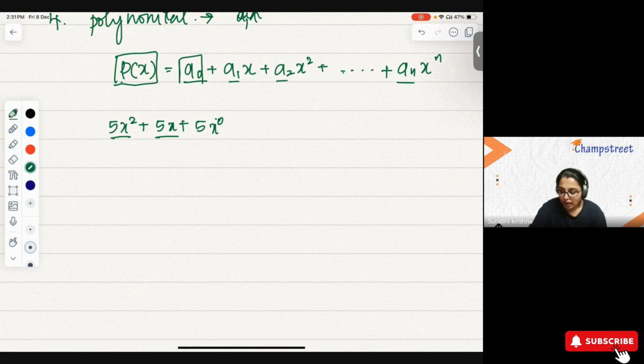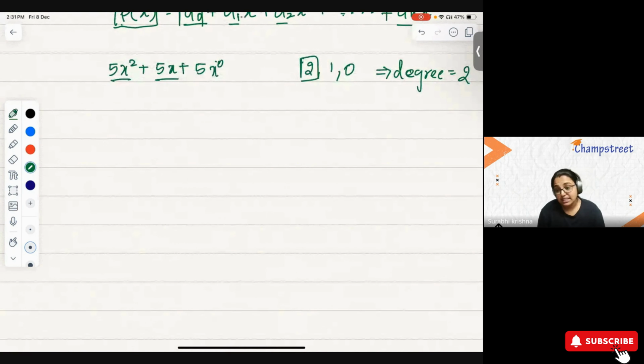Among 2, 1 and 0, which is the greatest number? Of course, 2 is the greatest number. So the degree is equal to 2.